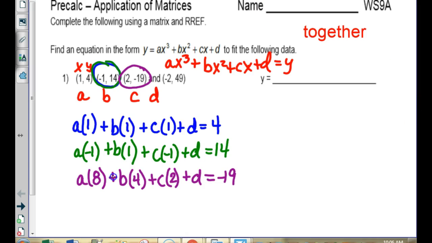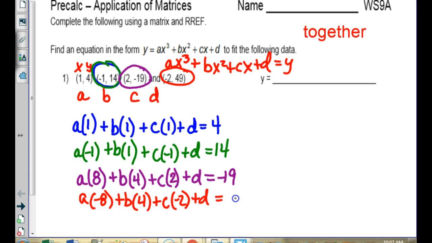All right, last one. Now we're putting in what? -2. So -2 to the third would be -8. -2 squared would be +4 again. C times -2 plus D equals Y, which is 49.